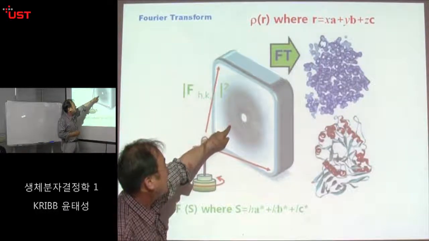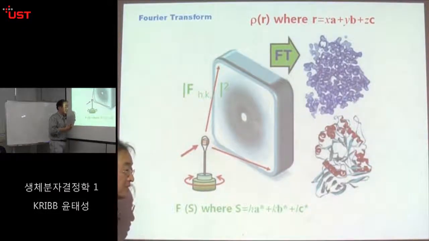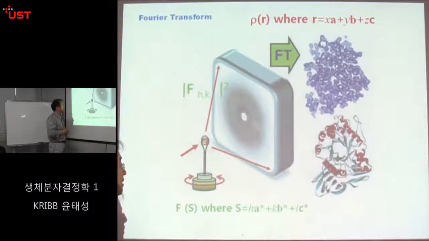Actually, on each spot, we can get numbers like the intensity reading of your two-dimensional gel image. But unlike a gel image, we will have a digital image of X-ray diffraction, and we will convert such an X-ray image into a single number.